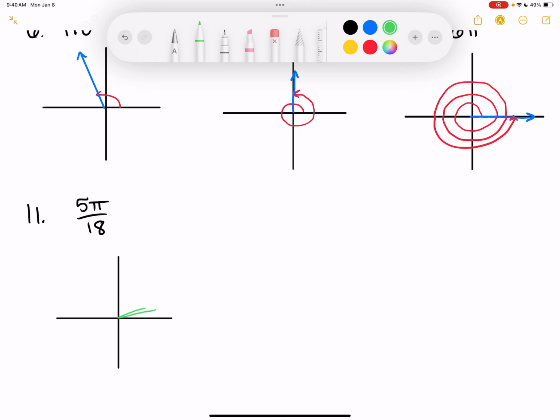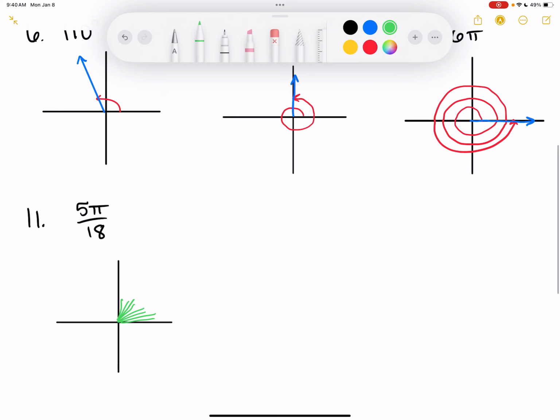So I'm just going to try to 4, 5, 6, I don't have enough. 7, wait, 1, 2, 3, 4, 5, 6, 7, 8. I need one more, right? Okay, not a great visualization, but just so that you can see it. And then I would have the same thing on this side, but I'm not going to try to smush them in there.